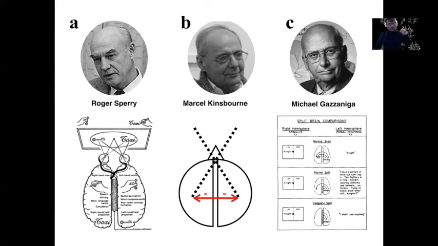If you listen to Marcel Kinsbourne, who works a lot on visual neglect, the two hemispheres work together through an inhibition effect, whereby the right hemisphere inhibits the left hemisphere when it needs to work, and the left hemisphere inhibits the right hemisphere when it needs to work.